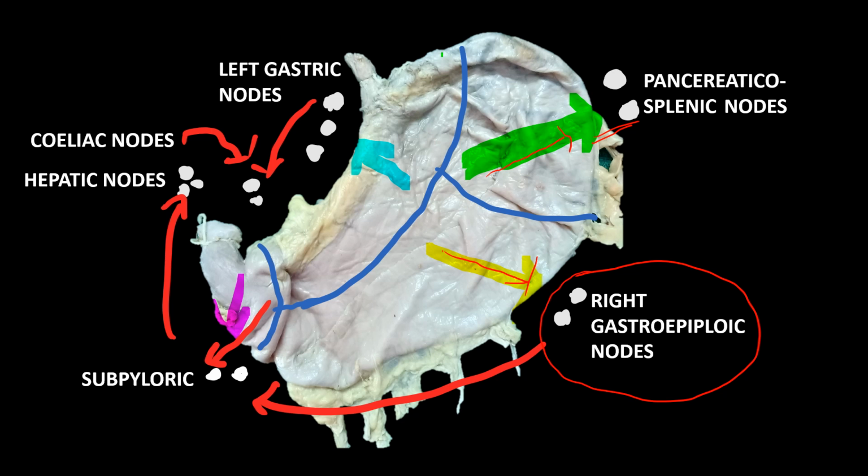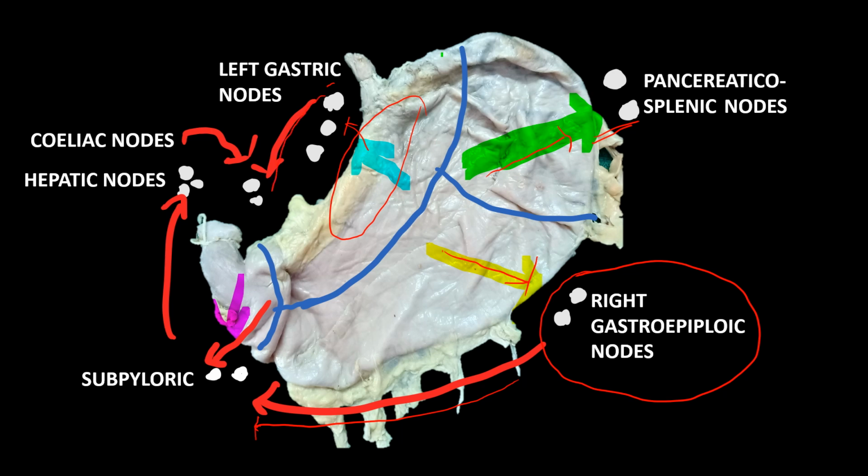These right gastroepiploic lymph nodes lie along the right gastroepiploic artery. Lymphatic channels from right gastroepiploic lymph nodes drain into subpyloric lymph nodes. The right side of the stomach drains into left gastric nodes, which lie along the left gastric artery.